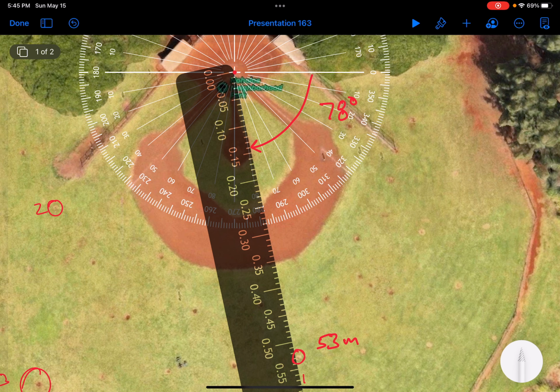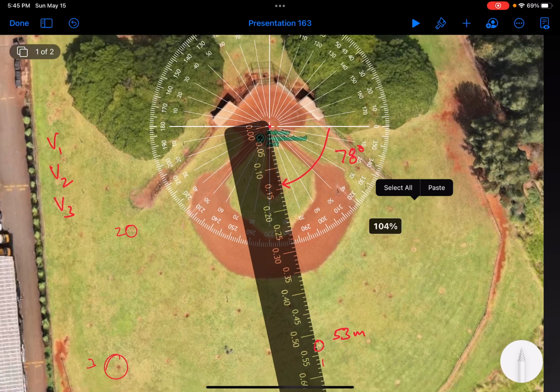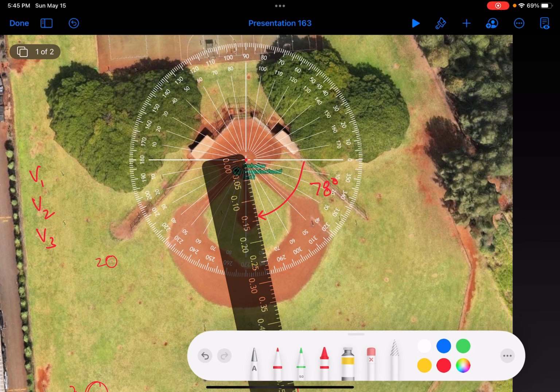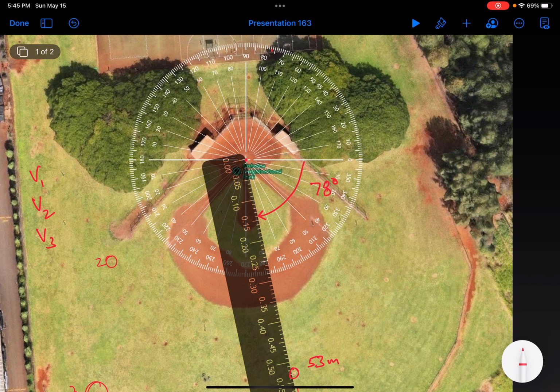But 78 degrees what? Because we've got 4 quadrants. I got 78 degrees somewhere up here, 78 degrees somewhere up here, and somewhere down here as well. 78 degrees, I'm going to say south of east.